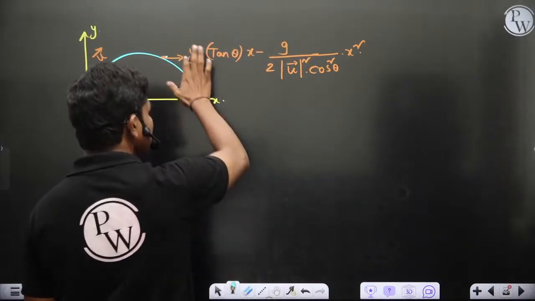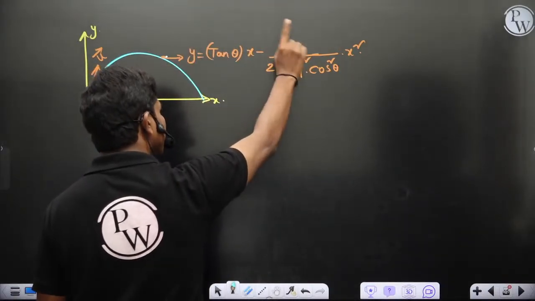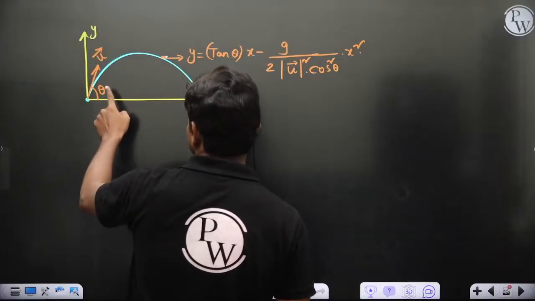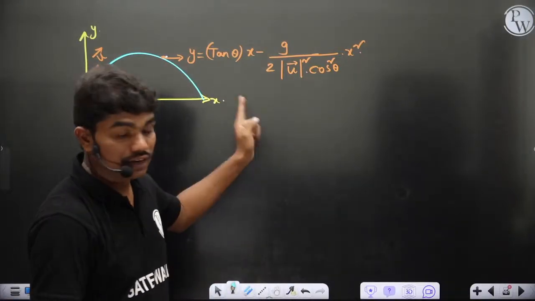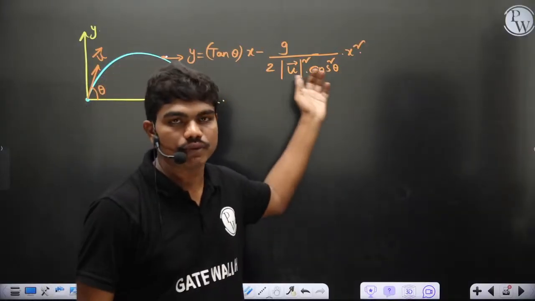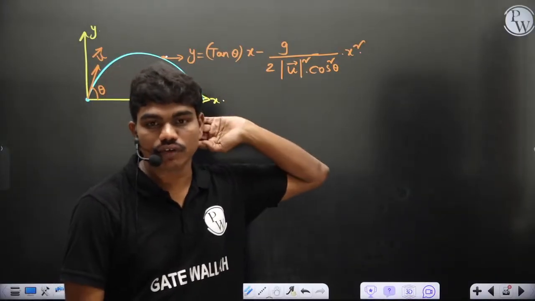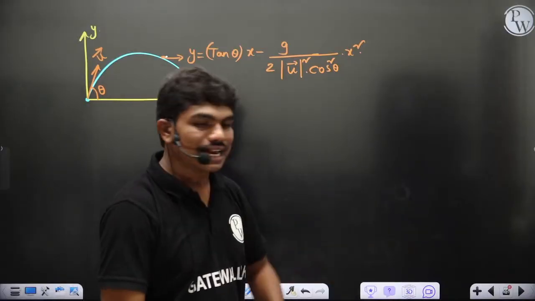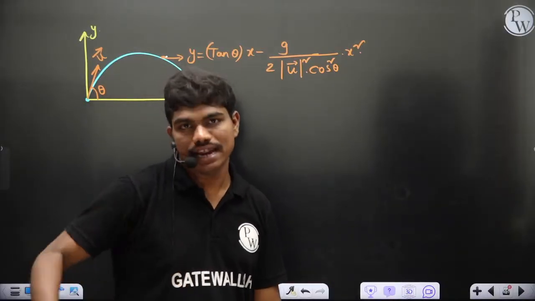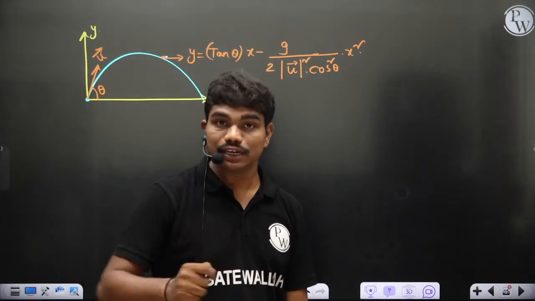Means this equation is completely valid if theta is not equal to 90. Exactly at 90, this function will not be valid, because if you put theta equal to 90, things come up in terms of infinity. But if you do this analysis at theta equal to 89.9, for example, then ultimately you'll still get a parabola.